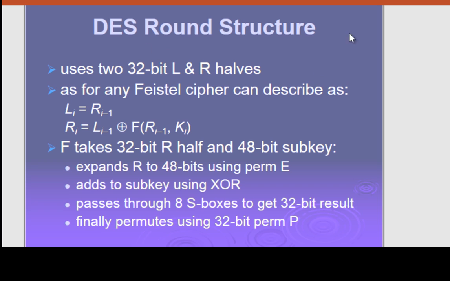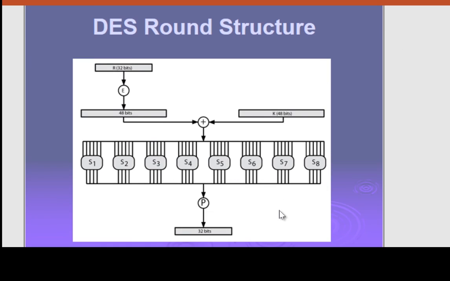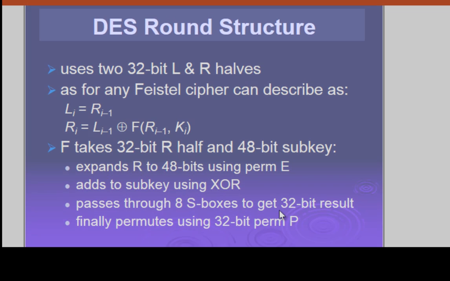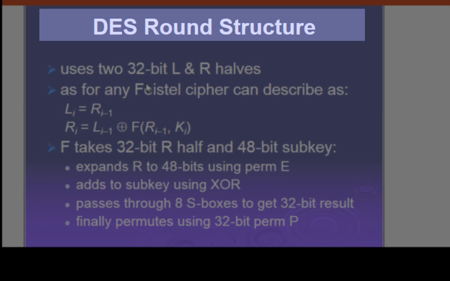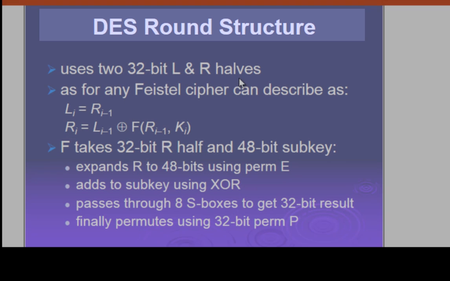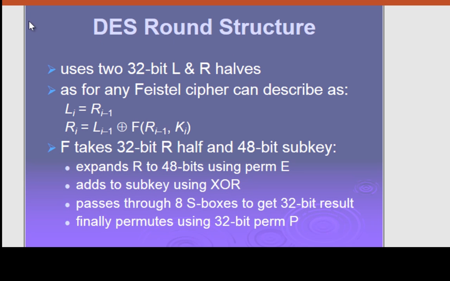And now let us see the DES round structure, how the round function will be generated. Initially the 64 bits are divided into two equal parts, that is a 32-bit left part and a 32-bit right half. Just like the Feistel cipher, Li is equal to Ri minus 1.